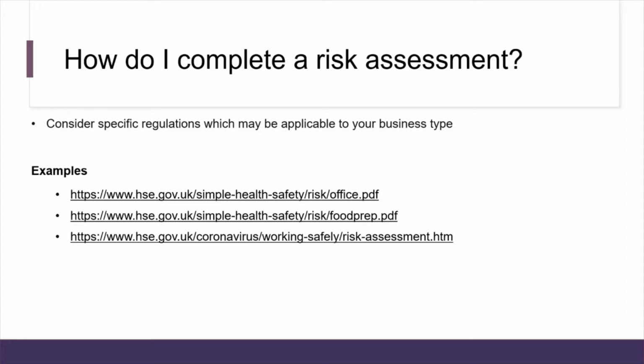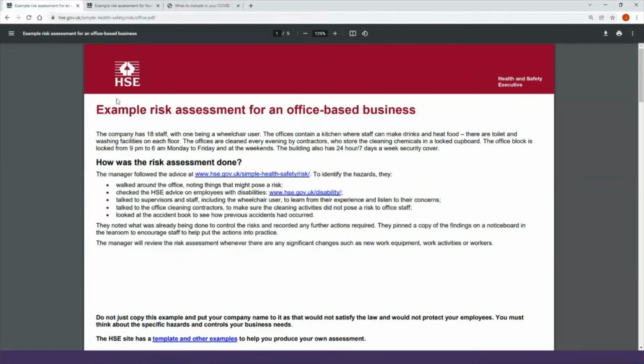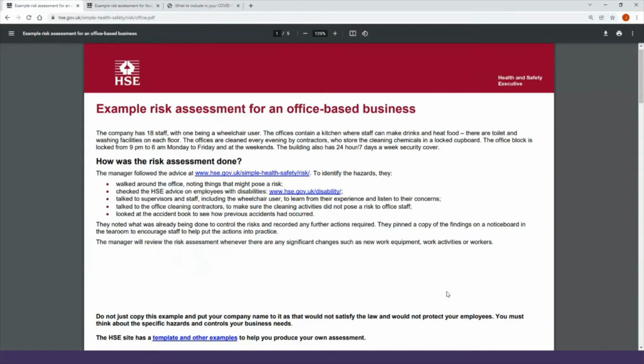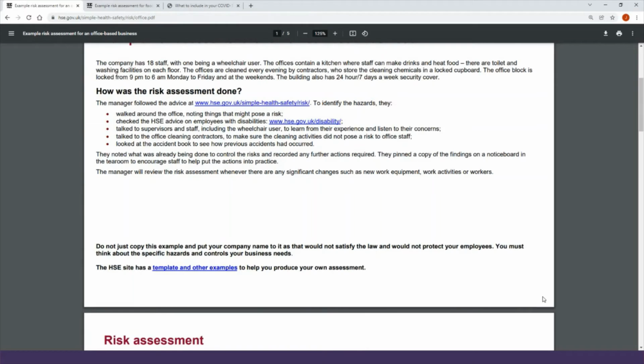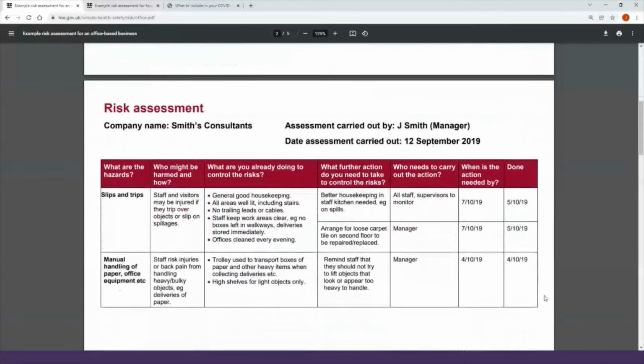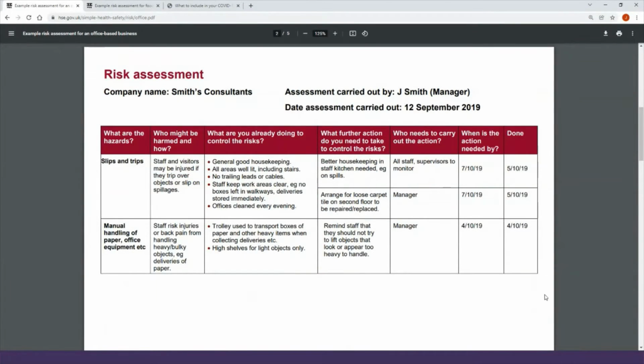Now, as you can see from the screen, here is an example of a template for office-based businesses. What you must remember on your first page is that this must be specific to your site.